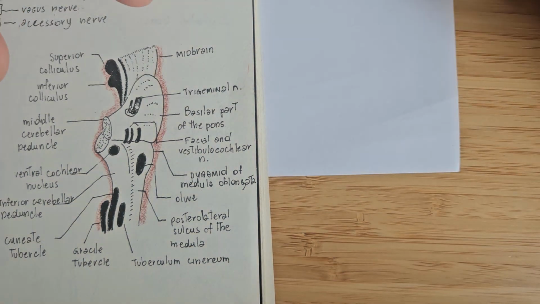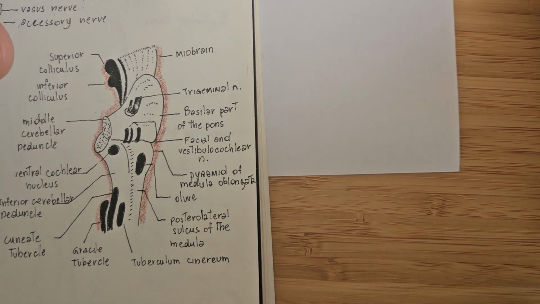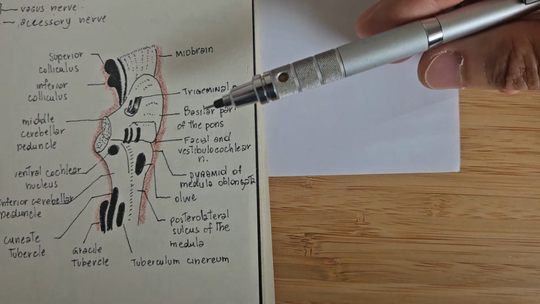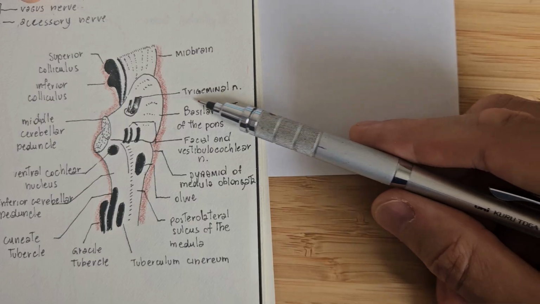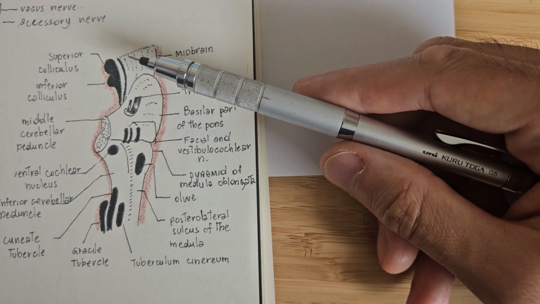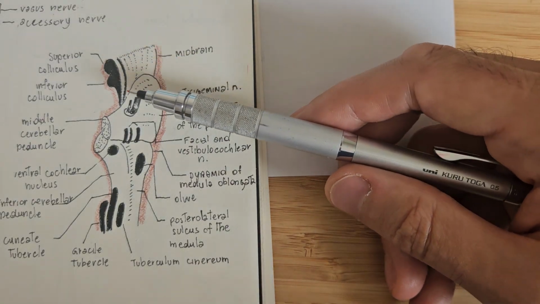Now we have here the trigeminal nerve, and the trigeminal nerve is responsible for sensory input from the face and motor control of mastication muscles. And its root exits the brainstem at the level of the pons.